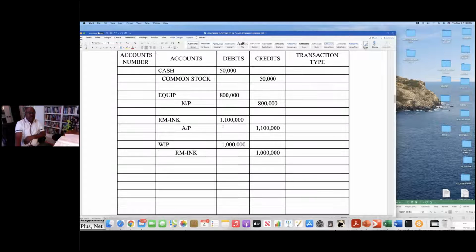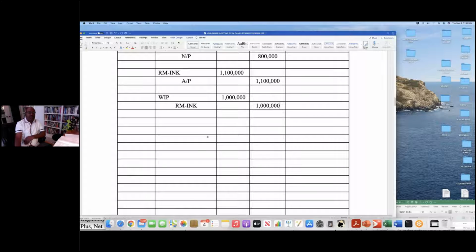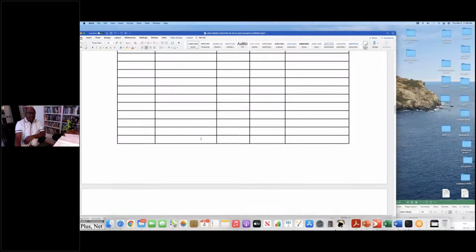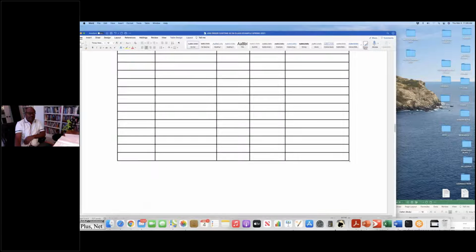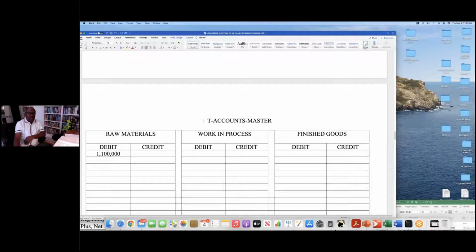Raw materials, Inc. And we're going to post this too. So what's our posting going to look like? We're going to debit work in process 1 million. What are we going to credit? Raw materials, Inc. Okay.